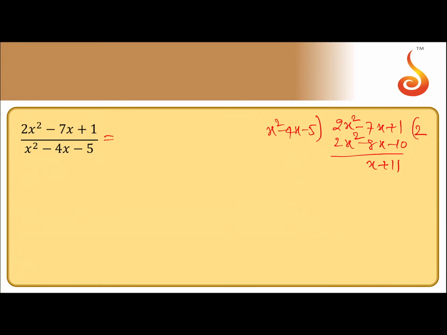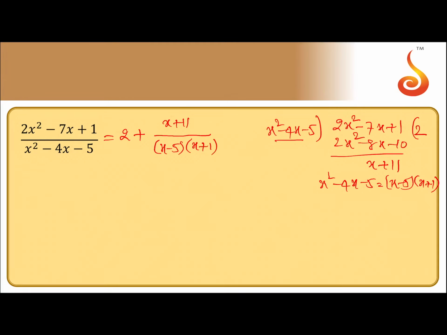So this given fraction can be written as 2 + (x + 11) divided by the denominator, which can be factorized: x² − 4x − 5 is written as (x − 5)(x + 1).